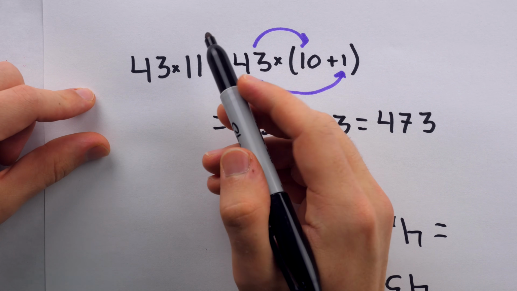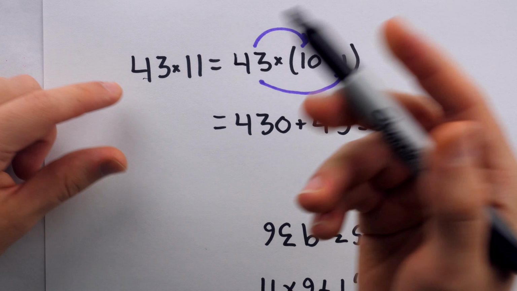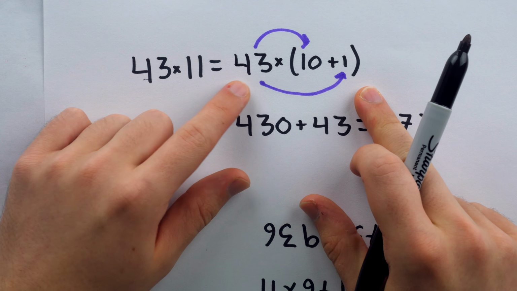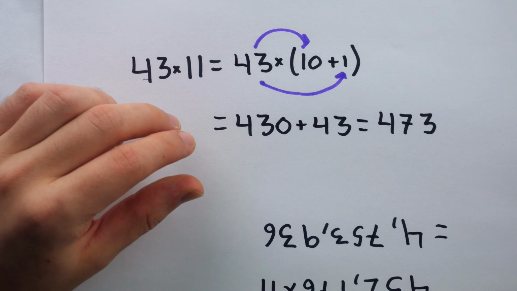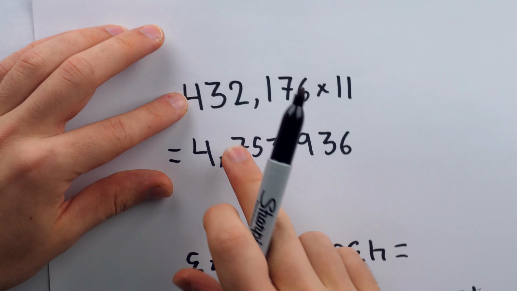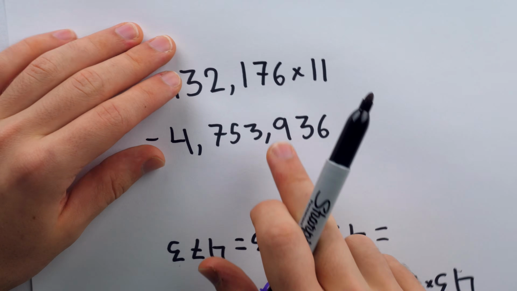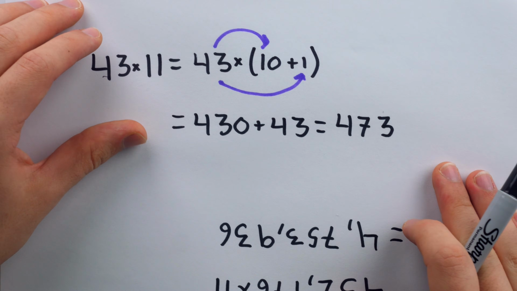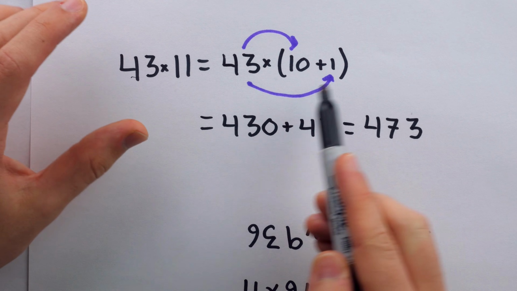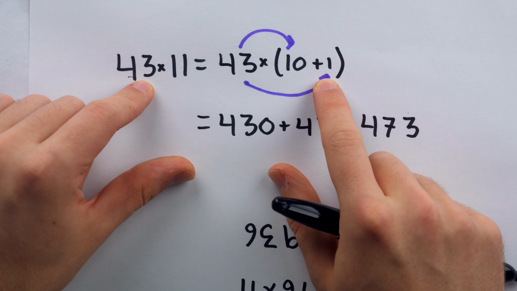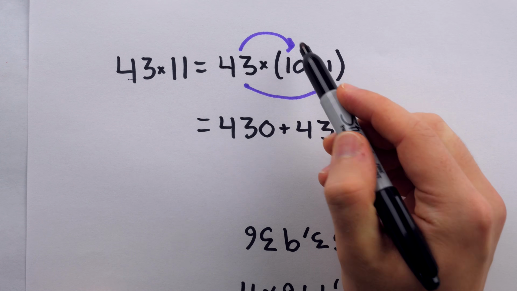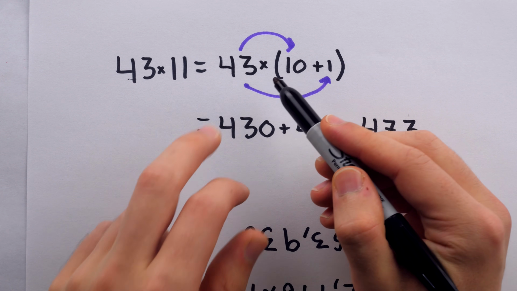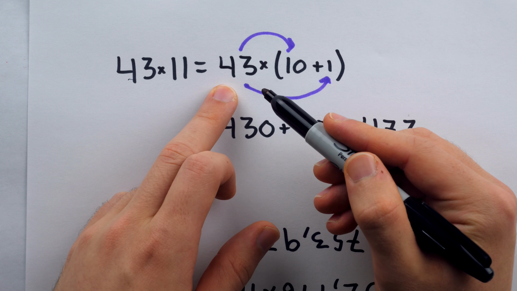For fairly small numbers like 2 digits and 3 digits, thinking about it like this works pretty well and you can get quick results. But for larger numbers like 432,176, it can be done much more easily if, instead of thinking about it conceptually, we think about it more systematically and how this process affects the digits when we do this multiplication.